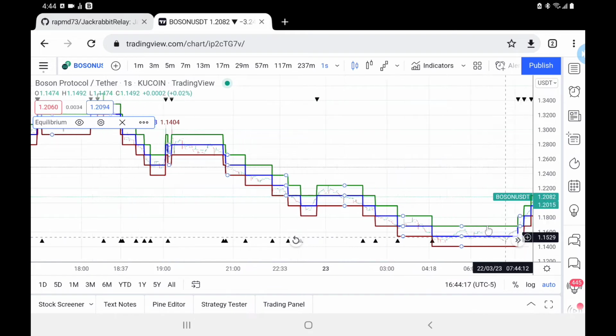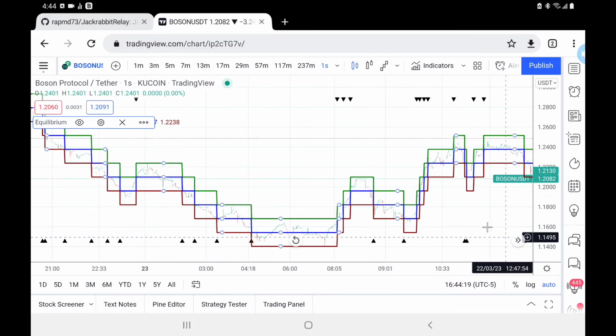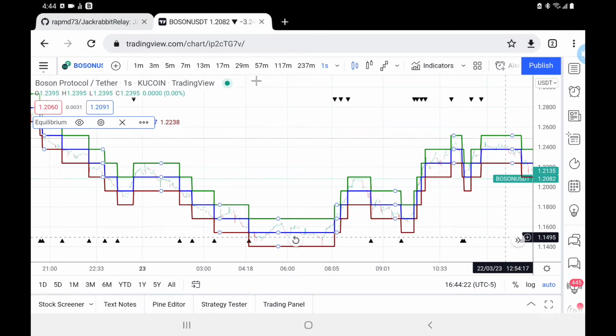And as we continue to see the market unfold, we have more realized profits as the price begins to recover. But when it dips down again, you add to your unrealized losses.